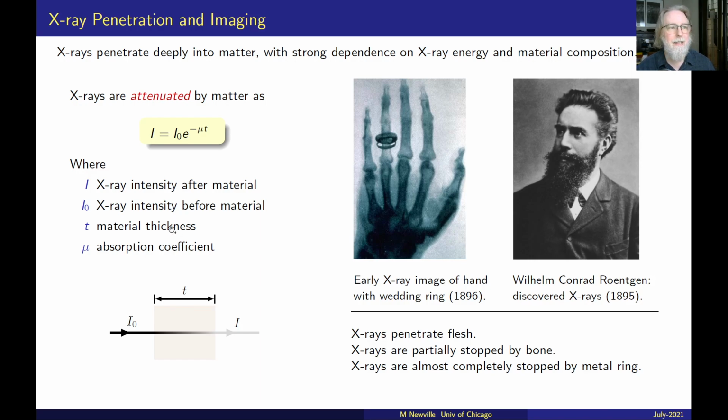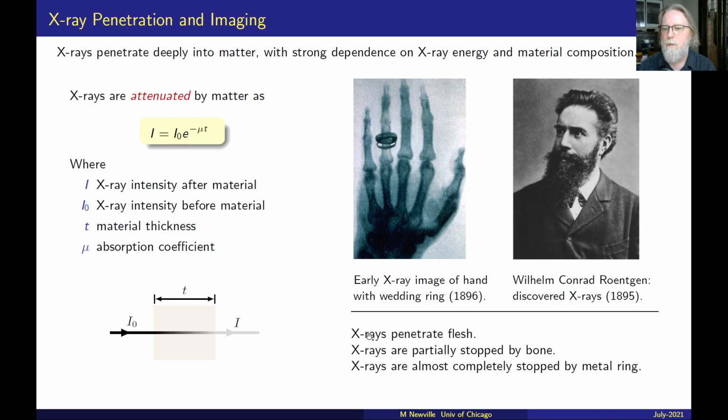So this leads immediately to being able to do imaging with X-rays. In fact, some of the earliest measurements done with X-rays by Röntgen, who discovered X-rays in 1895, here's an X-ray image taken in 1896, and this is very similar to a dental or medical X-ray that you would see even today. The resolution's a little bit worse, but the properties are basically the same.